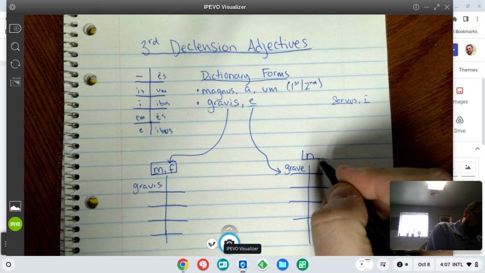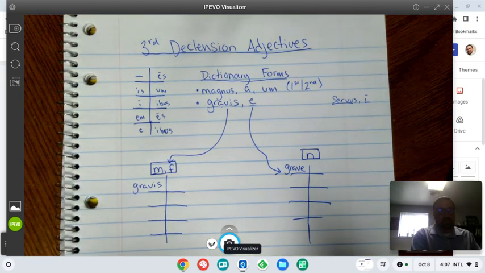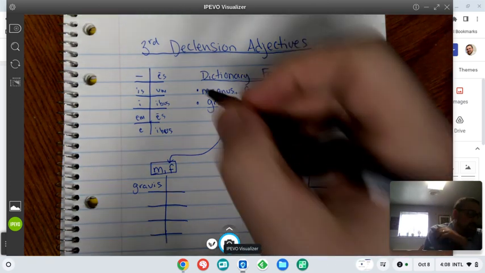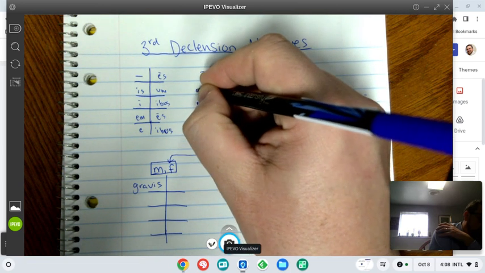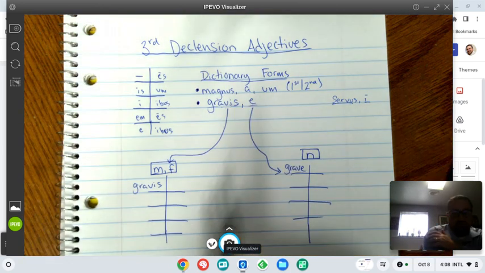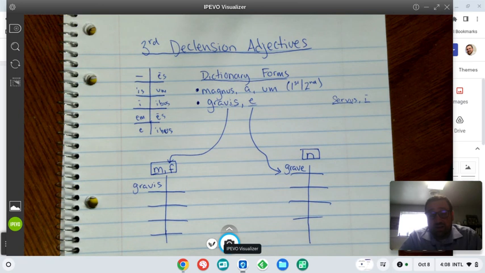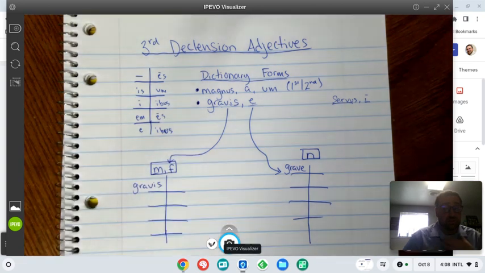So we have masculine and feminine, and we have neuter here. Masculine and feminine are going to be identical for most third declension words. Now, I want to tell you, most third declension adjectives are like gravis, grave. So when you learn to decline gravis, grave, and some of the other words in our vocab, you'll know how to decline most, but not all, third declension adjectives. In a different video, there will be some variation to this, but this is most third declension adjectives.